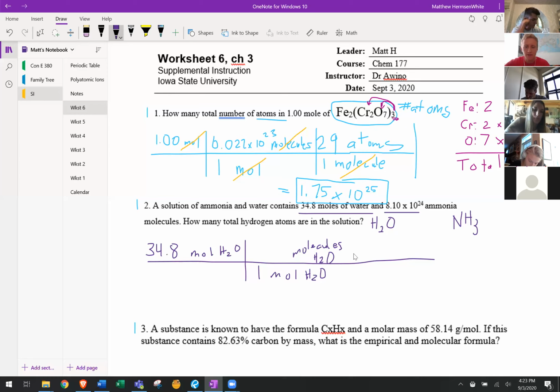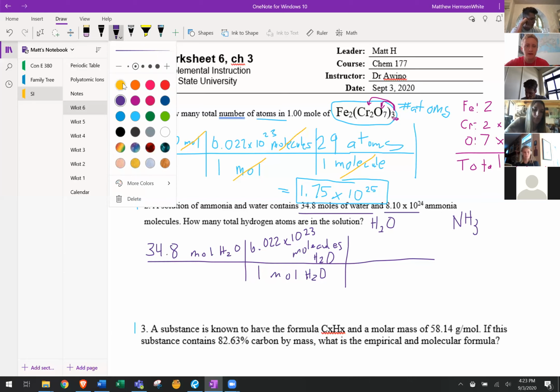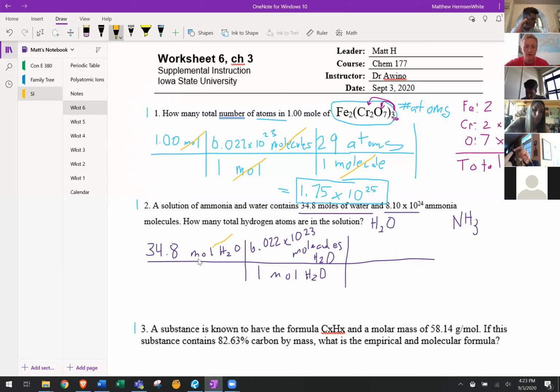Well, how many molecules of water are there in 1 mole? Again, this is always going to be the same number, 6.02 times 10 to the 23rd molecules of water in 1 mole of water. Now again, our unit cancels. We have mole water on top, mole water on bottom, so that goes away.